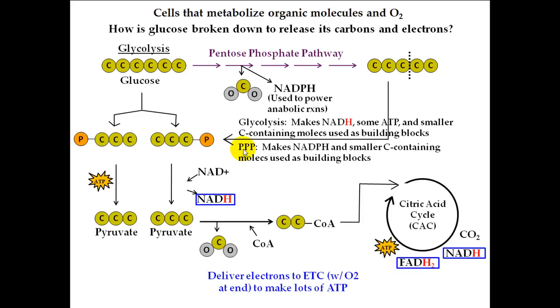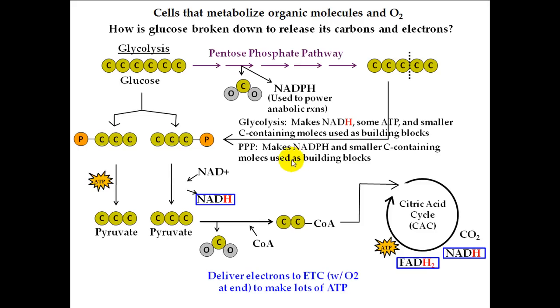We mentioned that the pentose phosphate pathway could also be used to break down glucose. It produces molecules like NADPH, which we mentioned is required for anabolic reactions. And it also produces smaller carbon-containing molecules that are used as building blocks to make things like sugars and amino acids.